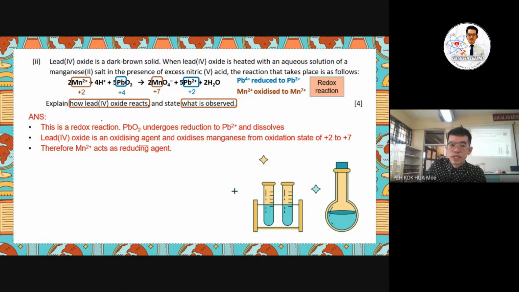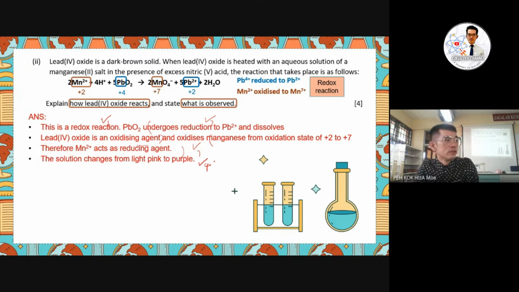So we have to discuss the redox reaction and the process occurring for lead(IV) oxide, which is reduction, together with the oxidizing agent. Another mark is for manganese: you have to give the oxidation state and that it acts as a reducing agent. The last mark is given for your observation, which is the solution changing color from light pink to purple. So you'll get 4 marks for the reference answer here.